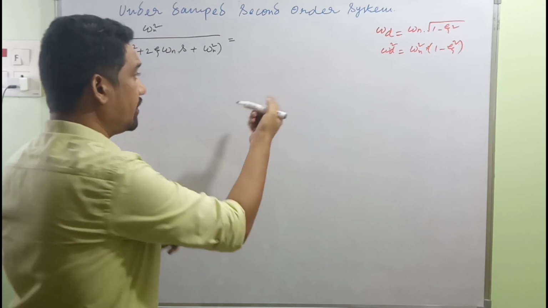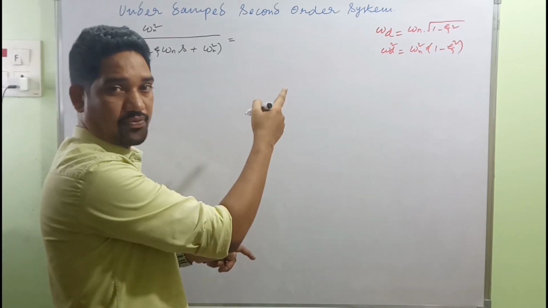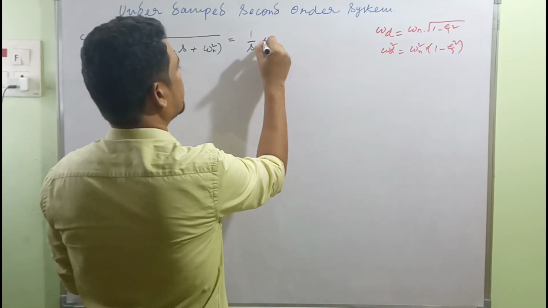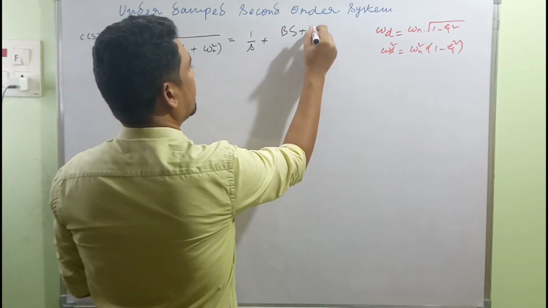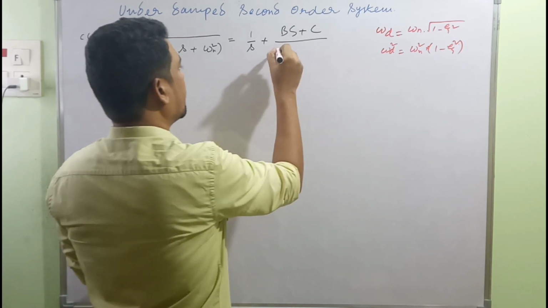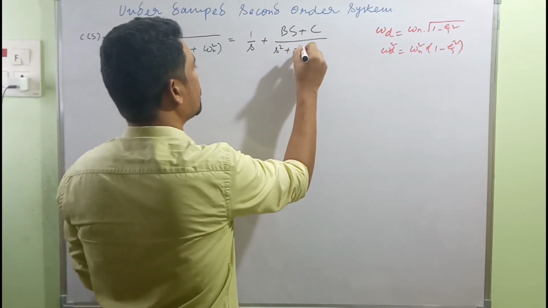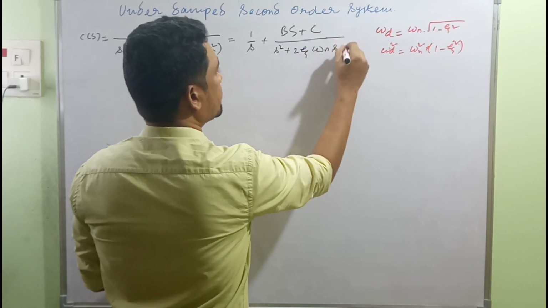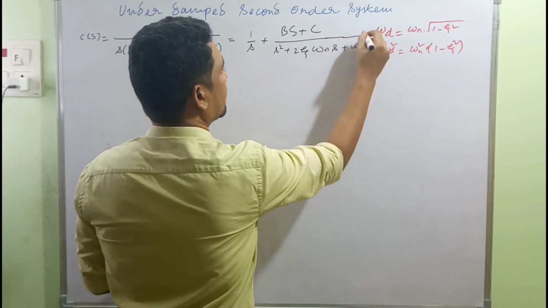Plugging in the value of A in the partial fraction expression which we have obtained right now, it will be 1 upon s plus Bs plus C. The B value and C value aren't evaluated yet, over s square plus 2 zeta omega n into s plus omega n square, as it is.